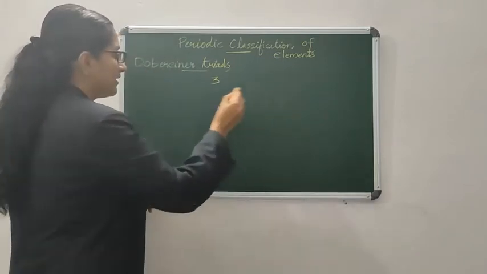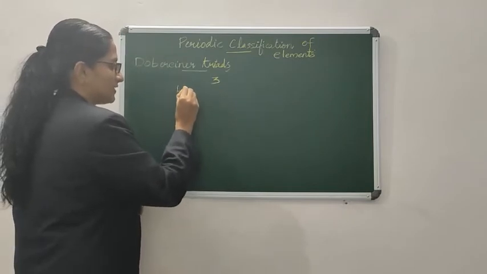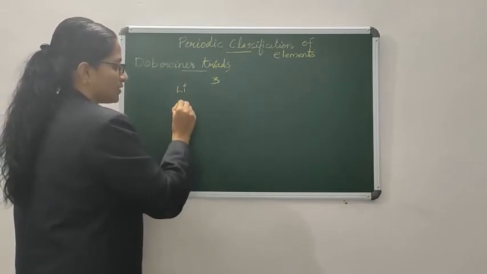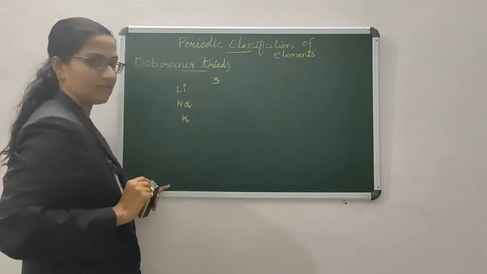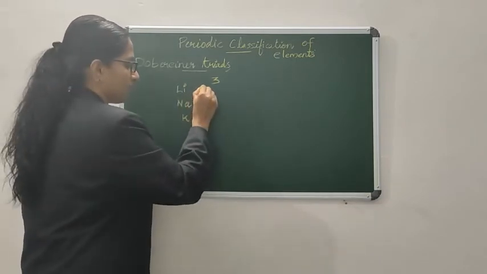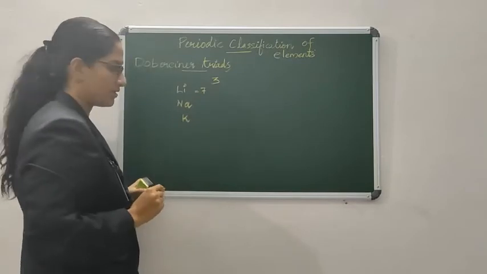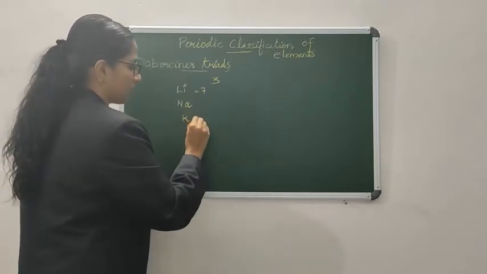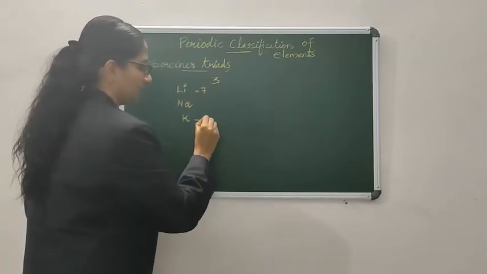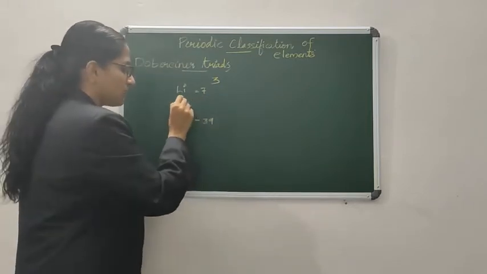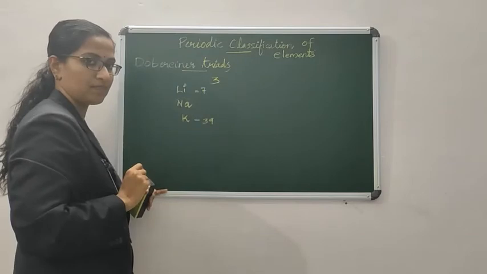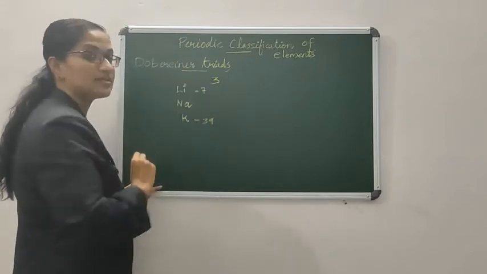He had taken a first set, that is lithium, sodium and potassium. The mass of lithium is equal to 7 atomic mass unit and the mass of potassium is equal to 39. And what is the mass of sodium? That is Dobereiner's law.